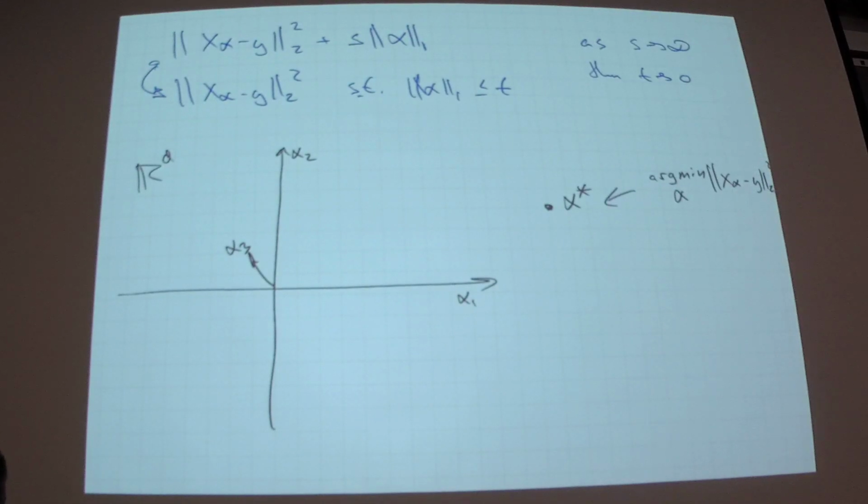Okay, and so now what's useful to do is to draw this restriction, right? Remember, I restricted that the one norm of alpha had to be less than t. So if you remember what the L1 ball looked like, if this was the value t here, then the L1 ball looks like this.